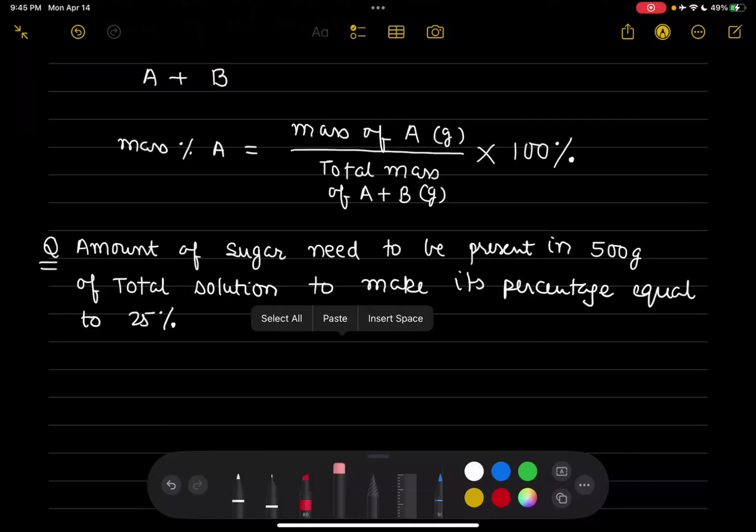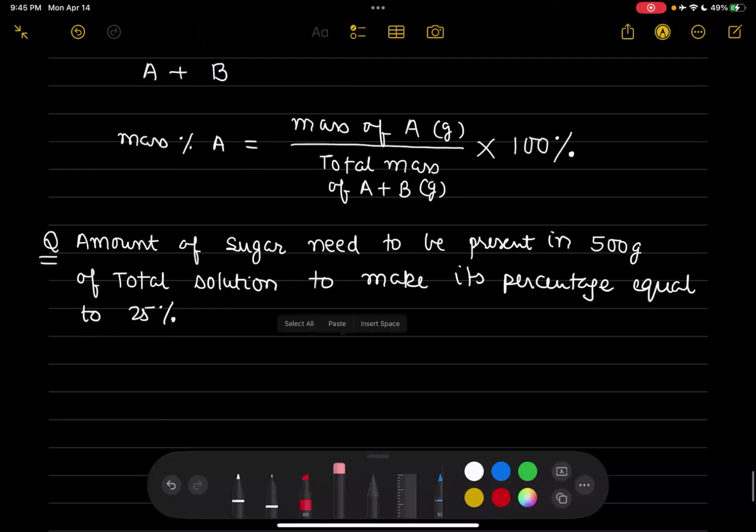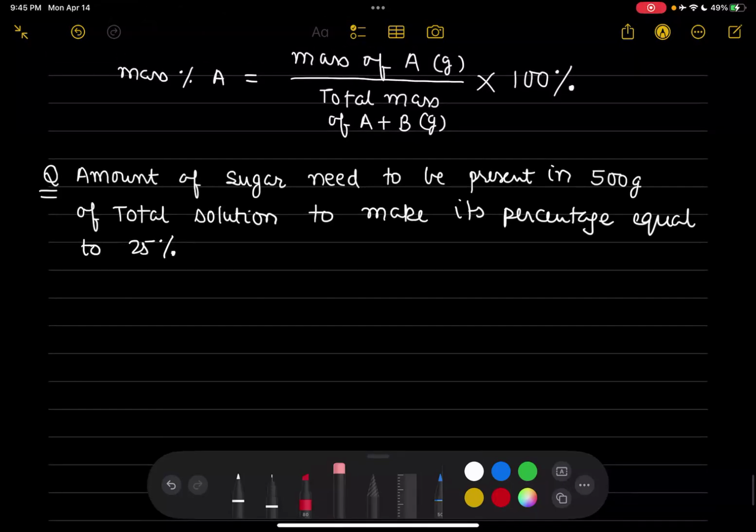So you are going to apply the same formula. You have to take the mass of sugar, then divide it by 500. What is given? The total mass is given, and the percentage, 25 percent, is given.